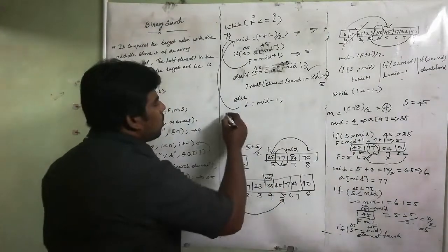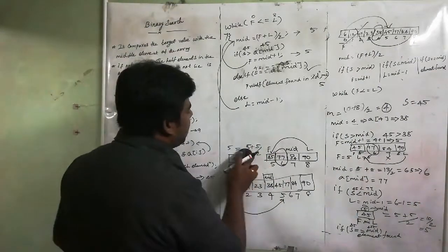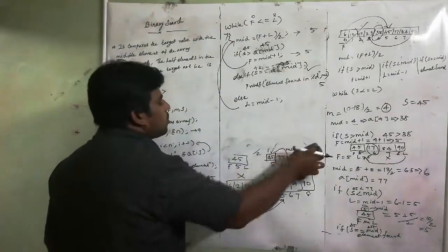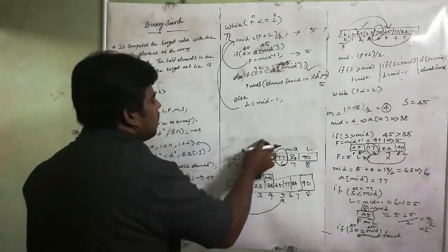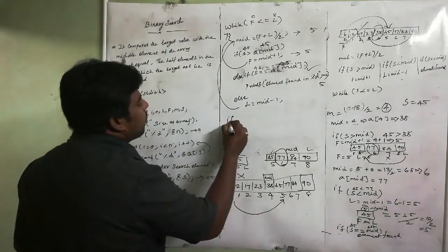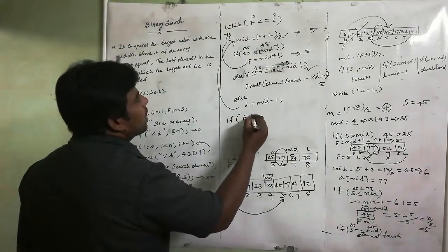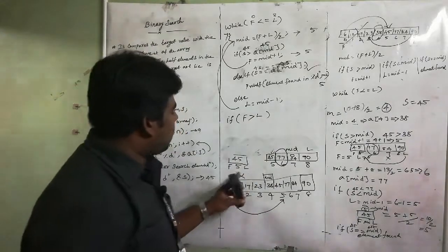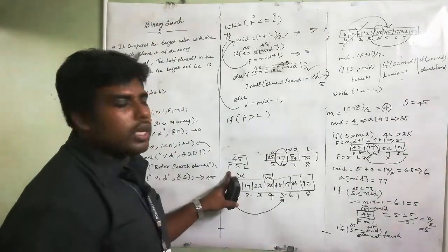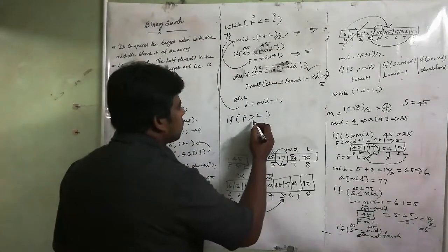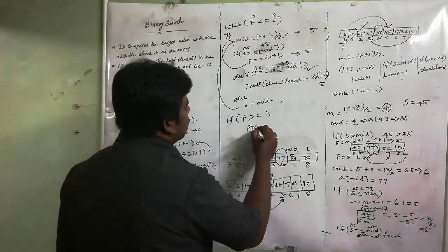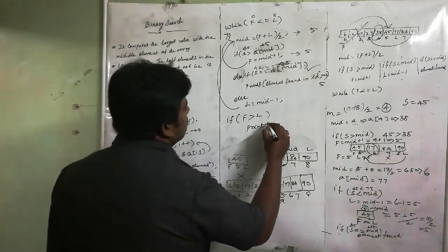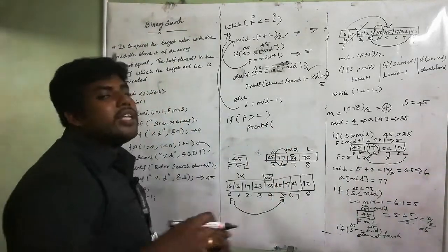Okay, so how the output will, now I want to print it, right? Now I want to print it, so write the if condition. If first is greater than last, okay, printf when the element is not found.